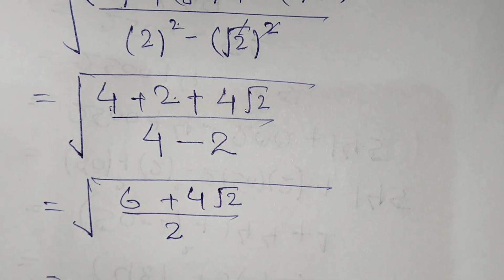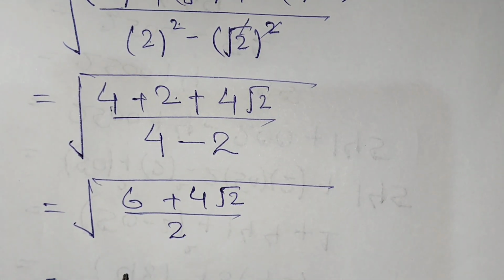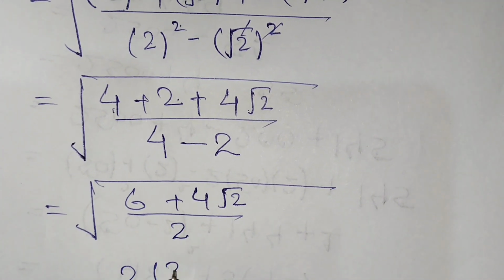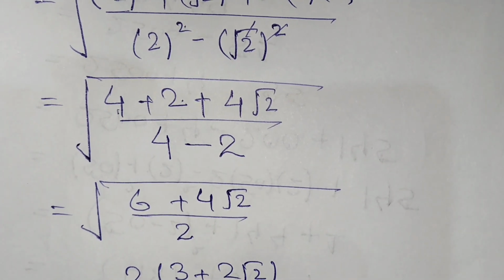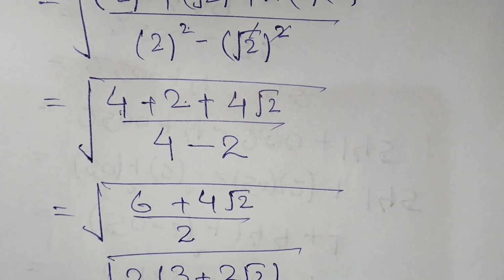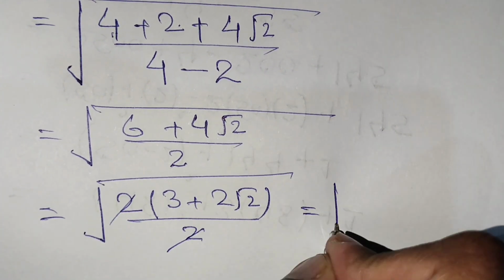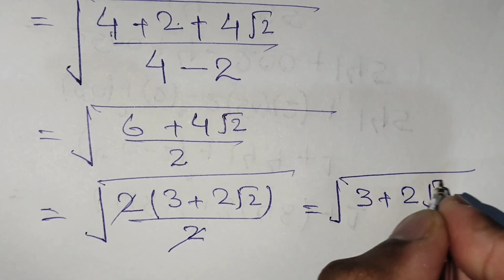Now taking 2 common from the numerator, we have 3 plus 2 square root of 2 divided by 2, square root. So 2 cancels with 2, we get square root of 3 plus 2 square root of 2.